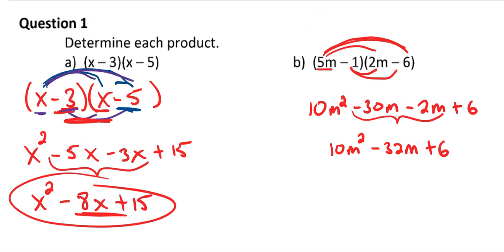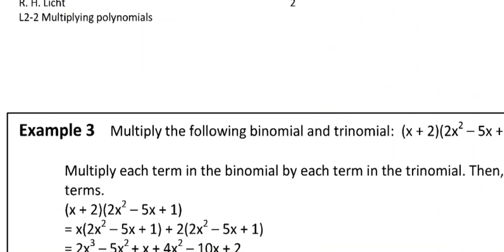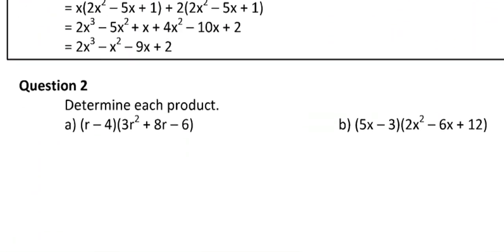And then the 3 had to be multiplied by both of those. Well, now we just have to go this r times all 3 of those. Okay, and then the -4 times all 3 of those. So we're going to have 6 terms when we're done this thing, right? If we don't have 6 terms, then you probably did something wrong. Okay, so let's just go piece by piece here.